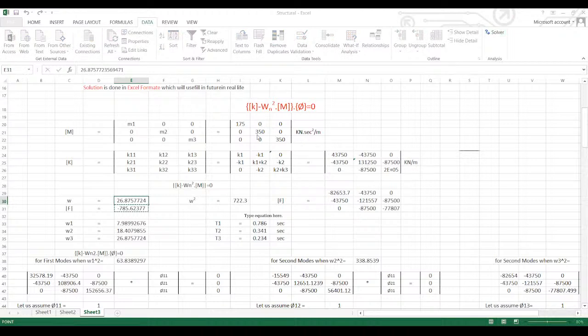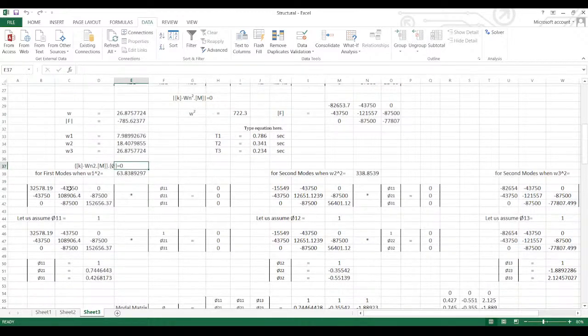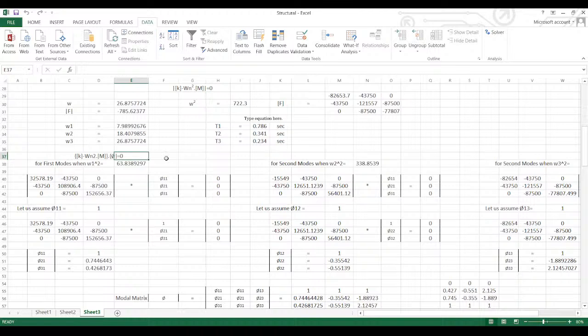Again we solve with a guess of 8; this value must be greater. If you get 7, it must be greater, and solving again you get 18.3. Then put 20, which is greater than 18, and you get a value greater than 18. You have got these three values.